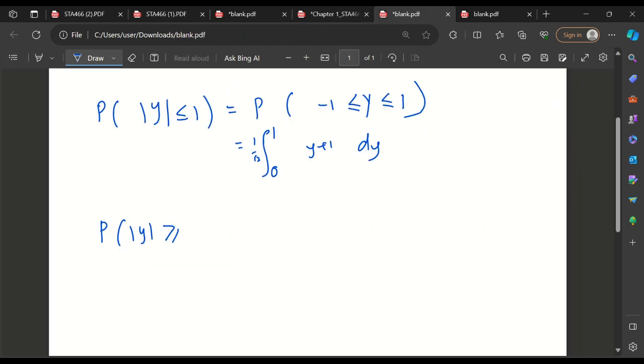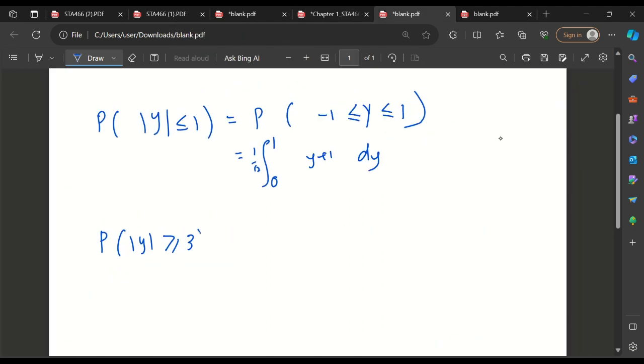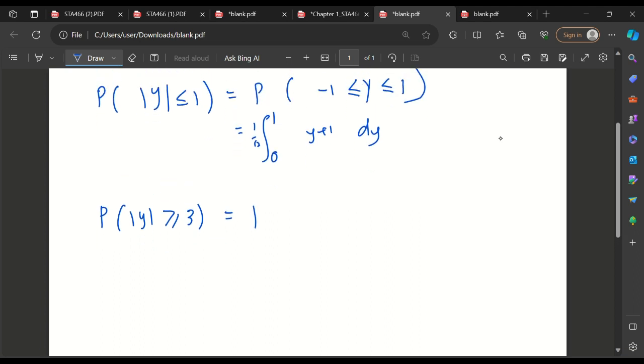If more than or equal to, what was it earlier? 3. Equal to 3. If more than, you want to separate or expand it, how will it become? So it will become y more than or equal to positive 3 because here it is positive. The original here is positive. So, more than 3 plus probability of y less than negative 3.